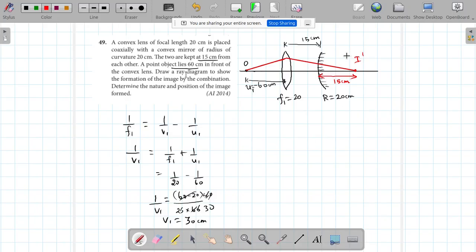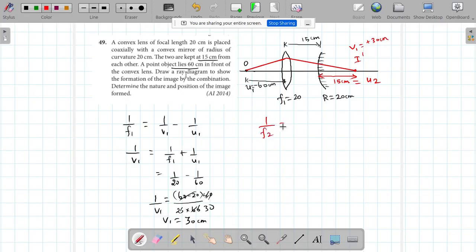So v1 is located plus 30 centimeter, therefore from the mirror it is 15 centimeter only. Therefore this serves as a virtual object. We call it U2. So U2 is 15 centimeter, not V1, because we are calculating from this particular mirror.